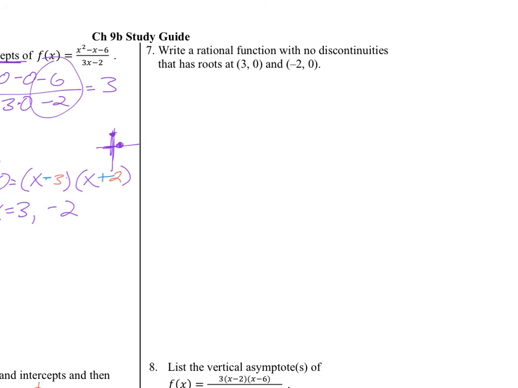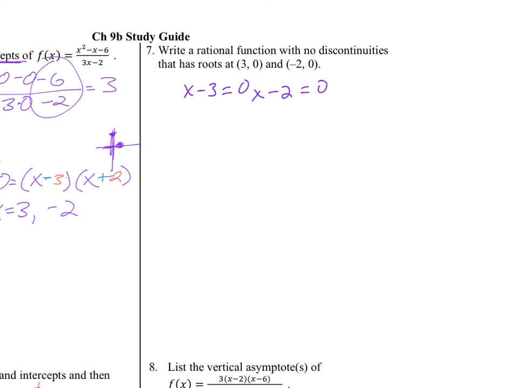2 different pieces. Okay. Write a rational function with no discontinuities that has roots at (3, 0) and (-2, 0). Well, whoops. Let's take that down a notch. Okay, so I have x - 3 and an x - 2 are my zeros, right?